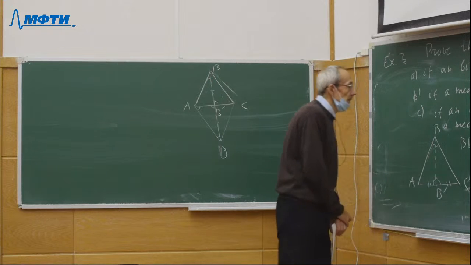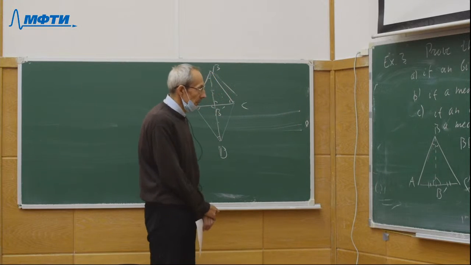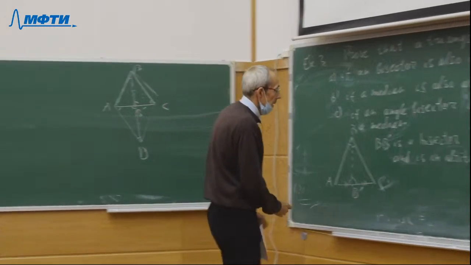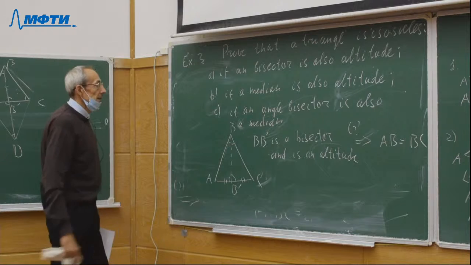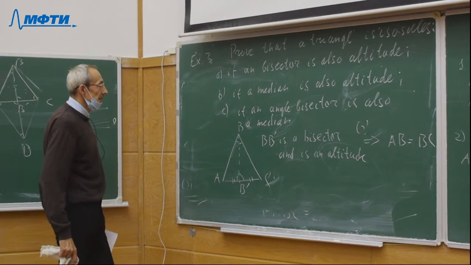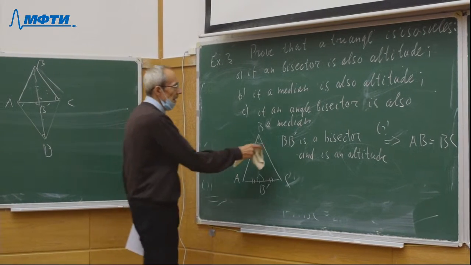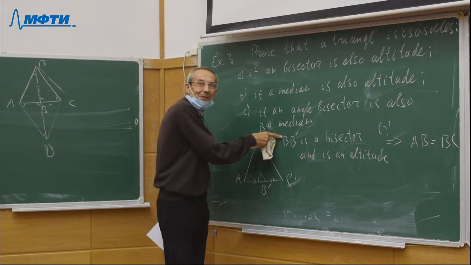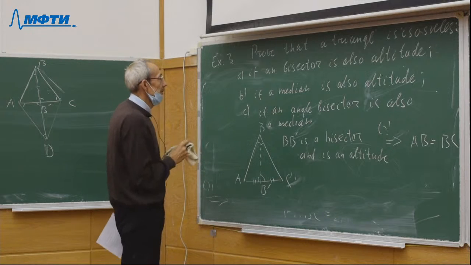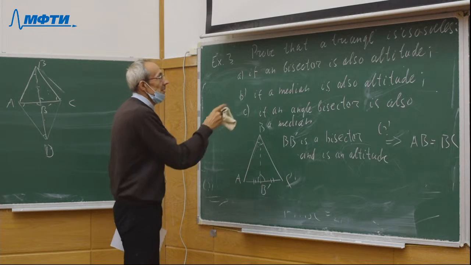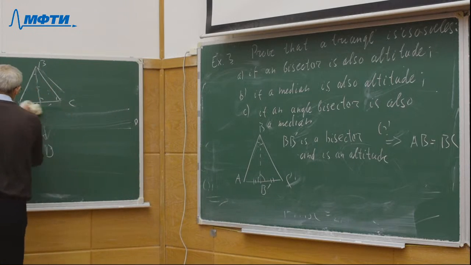And last proposition: if an angle bisector is also a median. I'm sorry, I proved that the third assertion is most hard, and median is also altitude is more simple.